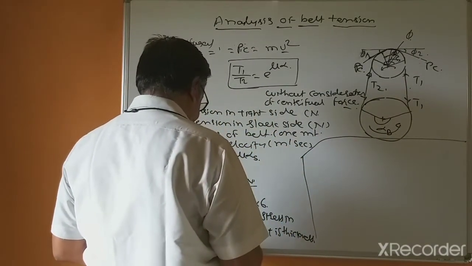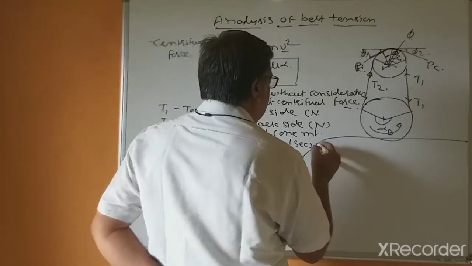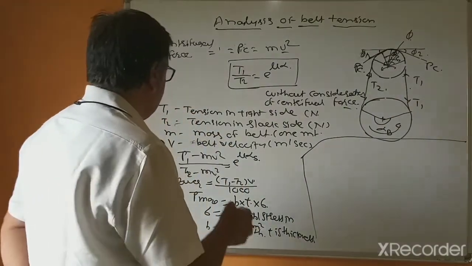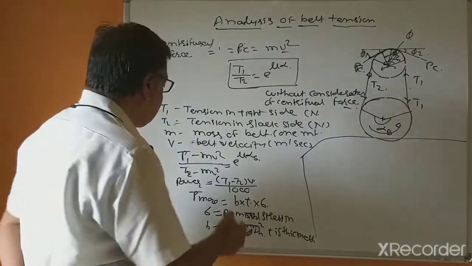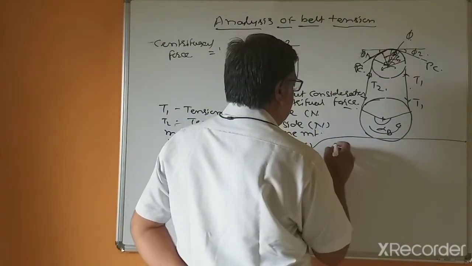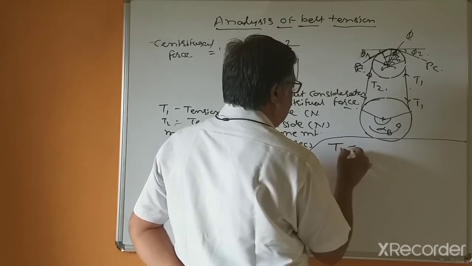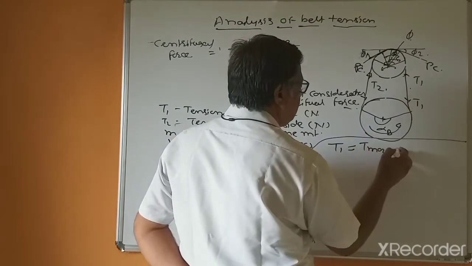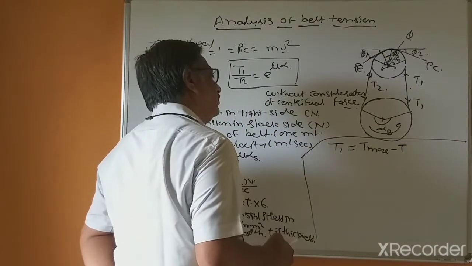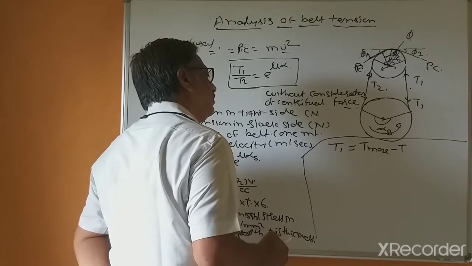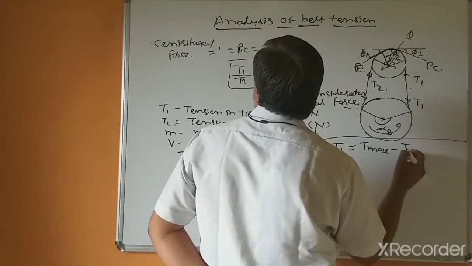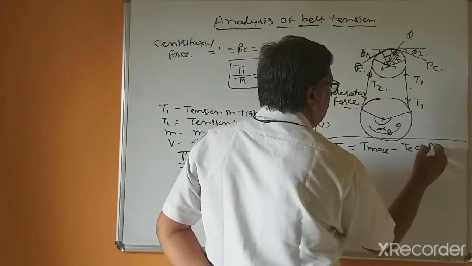Now what is the relation? This is the maximum tension. So the maximum tension, or T1, equals the maximum tension minus mv squared, and this is Tc or Pc.